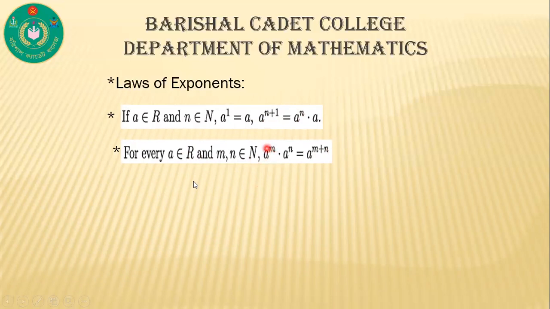Here a to the power m means the product of m factors, and a to the power n means the product of n factors. Then we can write a to the power m plus n. And a to the power m divided by a to the power n is equal to a to the power m minus n.